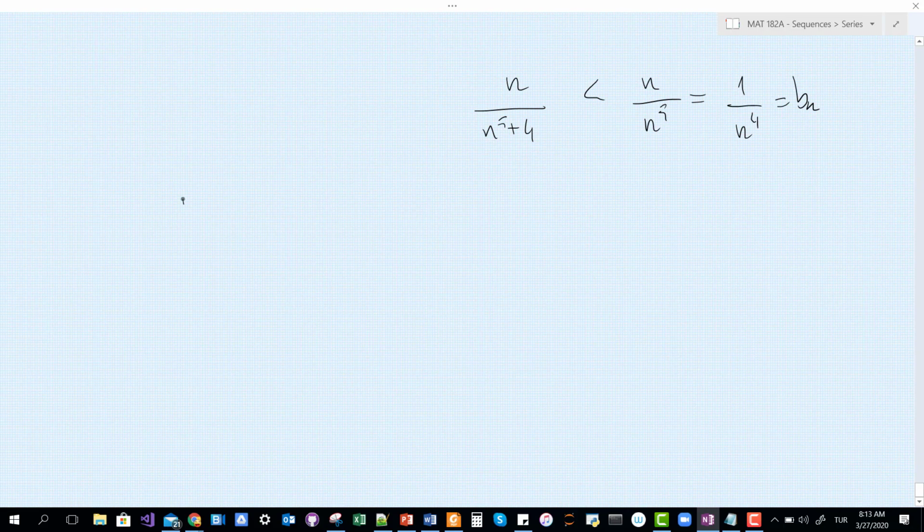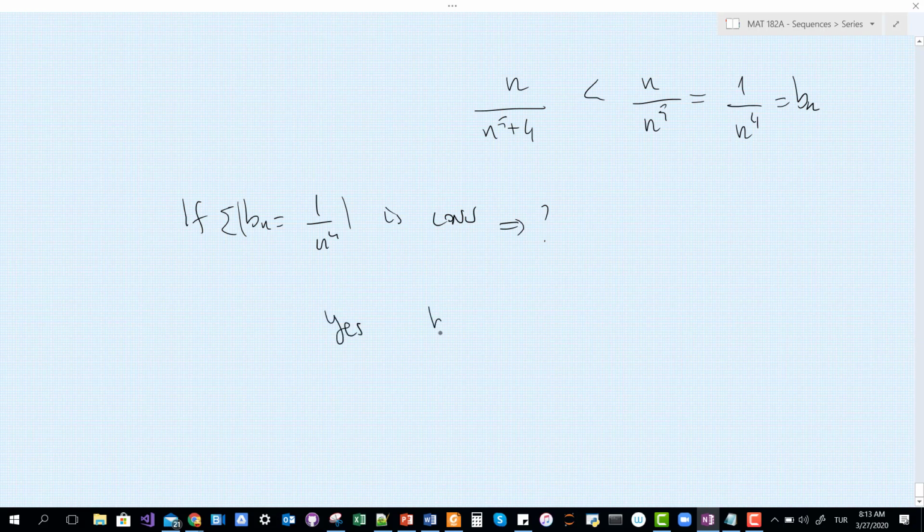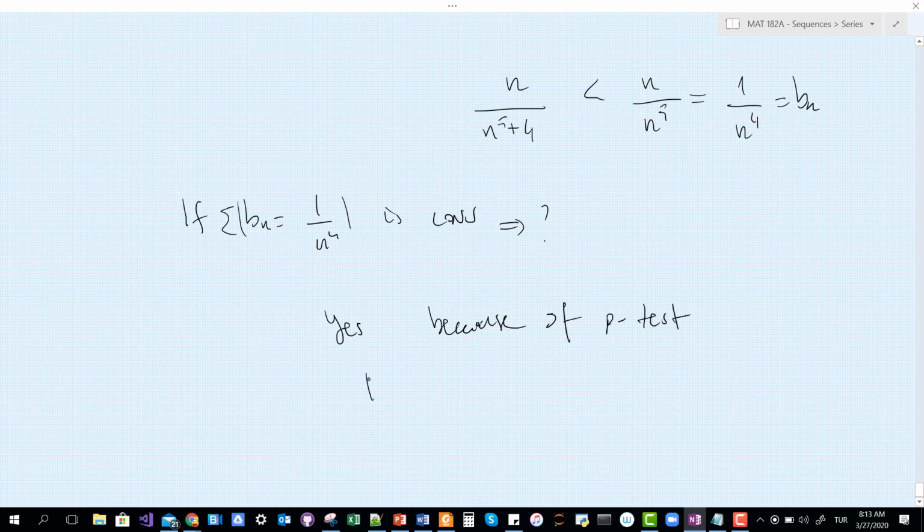Now the second step: I need to investigate if this is convergent. So, if the Bn series, not the sequence, is convergent, yes, because of the p-test. So p is equal to 4, bigger than 1, right?